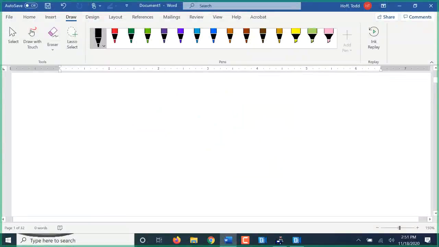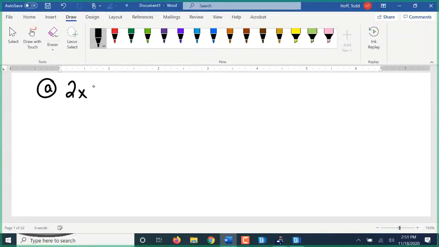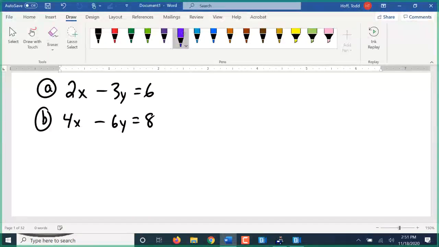Now, a similar thing that we can run into would look like this. So you have 2x minus 3y equals 6, and 4x minus 6y equals 8. Here we could solve for x in either equation. Dividing by 4 isn't bad either.